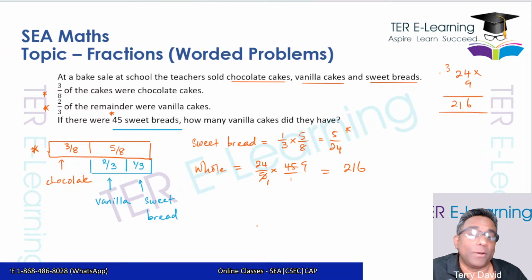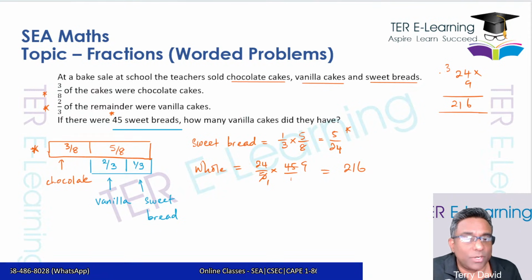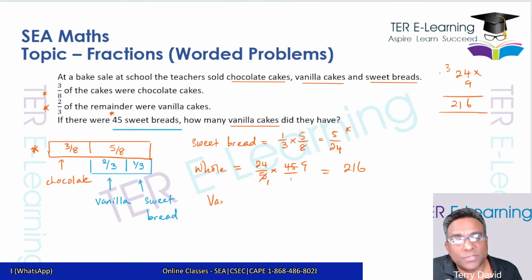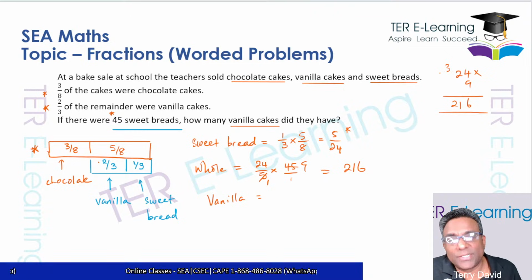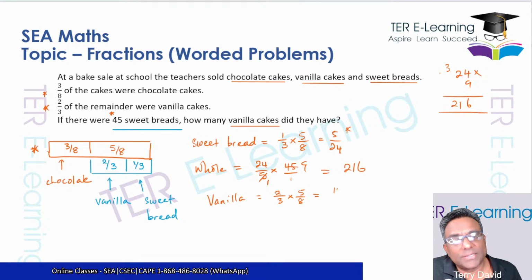Now, that's not what they asked us to work out. They want us to work out the number of vanilla cakes. So what is vanilla? Vanilla is 2/3 multiplied by 5/8, which is 10/24.